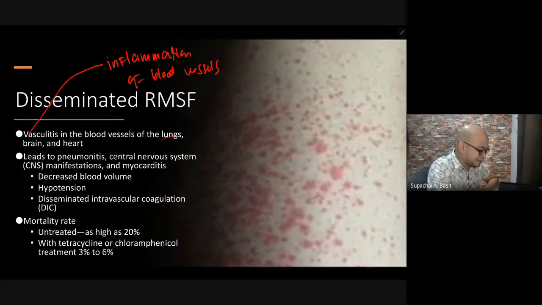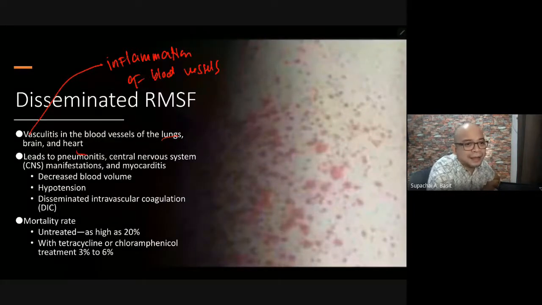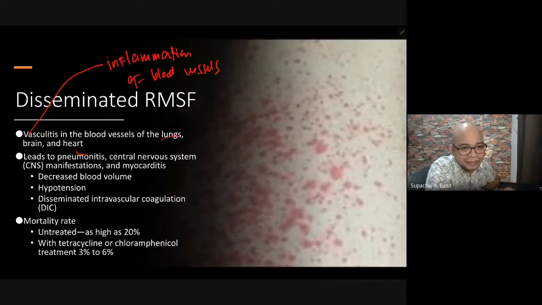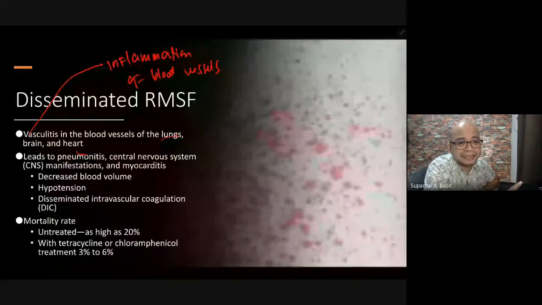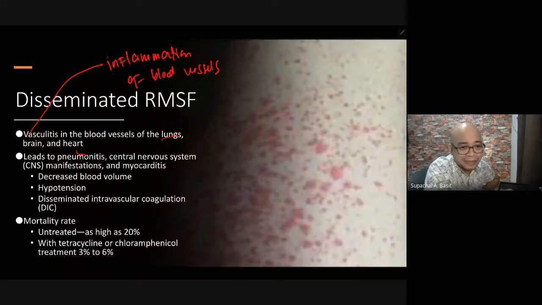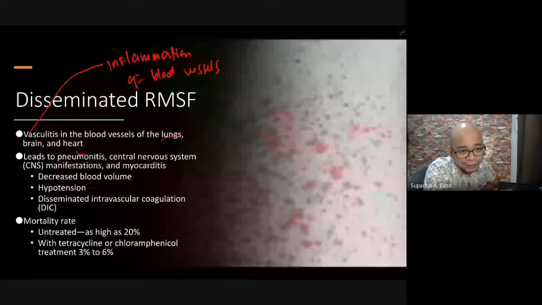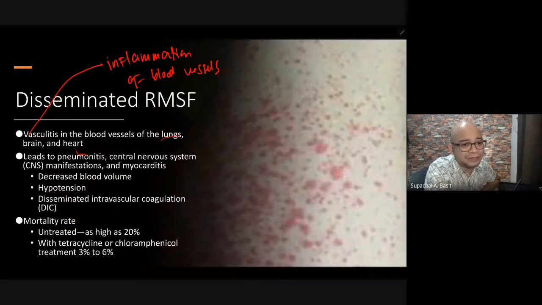So vasculitis in the lungs leads to pneumonitis. Okay. Vasculitis in the brain is the reason why there would be CNS manifestation. And vasculitis in the heart is the reason why there is myocarditis. So as a result, there would be decreased blood volume, hypotension, and disseminated intravascular coagulation.